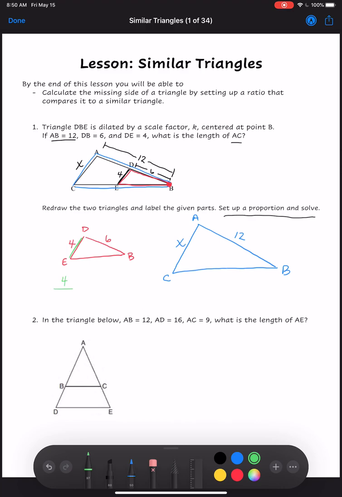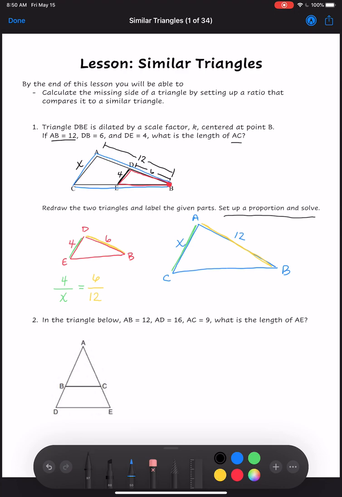Its corresponding side in the other triangle is AC, so that would be X. So those two correspond with each other, so the ratio is 4 over X. And that's going to be equal to, since we started with the smaller triangle, triangle DBE, and we started with a 4, we have to come back to that. We're going to start with the other side that we have. That's going to be 6. And the corresponding side in the larger triangle, triangle ABC, is 12. So your proportion is 4 over X is equal to 6 over 12.